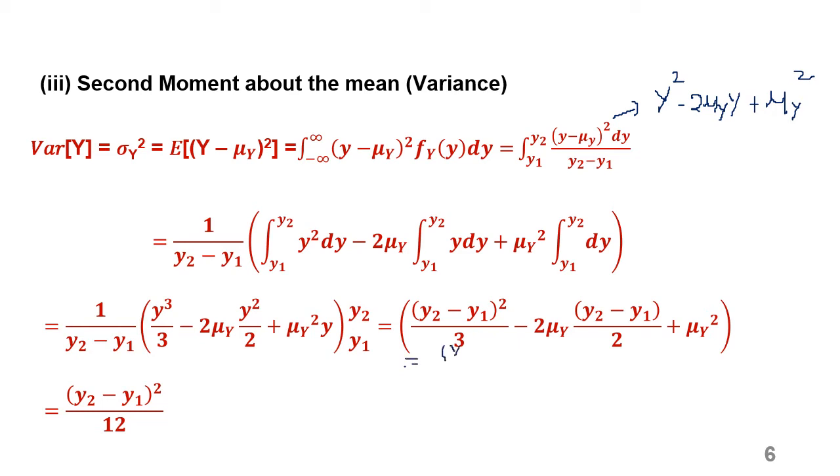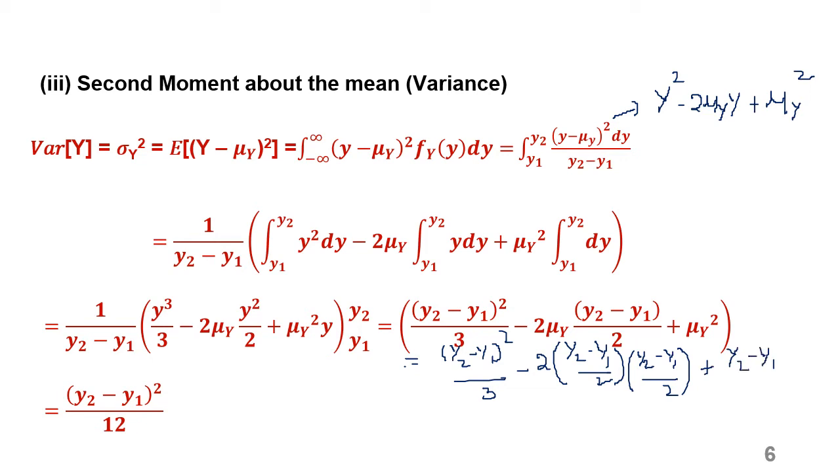So y2 minus y1 whole square by 3, and this gives you 2 times y2 minus y1 by 2 multiplied by y2 minus y1 by 2 plus y2 minus y1 whole square by 4.